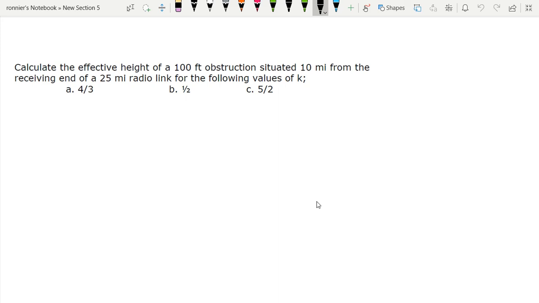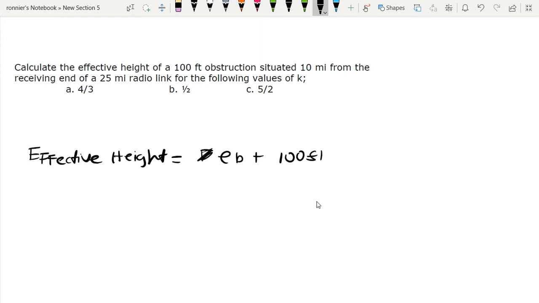Pero yung effective height is equals to the earth bulge or yung EB plus yung height ng obstruction 100 feet.